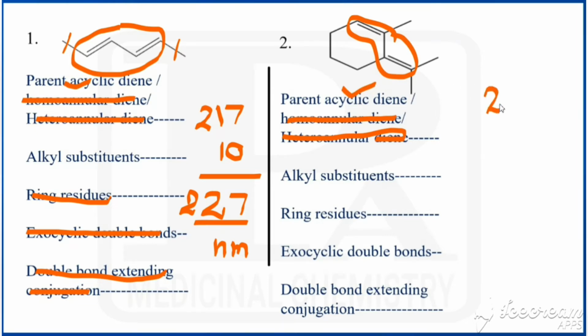The value is 217 nanometer. Now what is the next step? We have to find the alkyl substituents. Here one alkyl, here one alkyl, here one alkyl. So 3 alkyls. The value is 5, so 3 into 5, 15 nanometer.